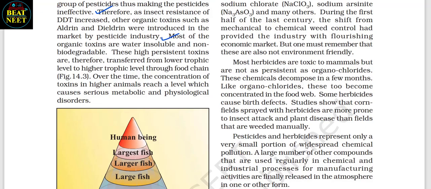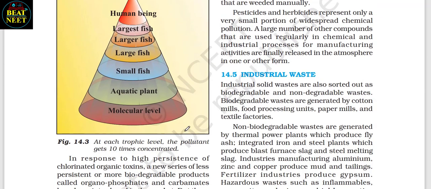Most of the organic toxins are water insoluble and non-biodegradable. These highly persistent toxins are therefore transferred from lower trophic level to higher trophic level through the food chain. Over time, the concentration of toxin in higher animals reaches a level which causes serious metabolic and physiological disorders. See figure 14.3. At each trophic level, the pollutant gets 10 times concentrated.